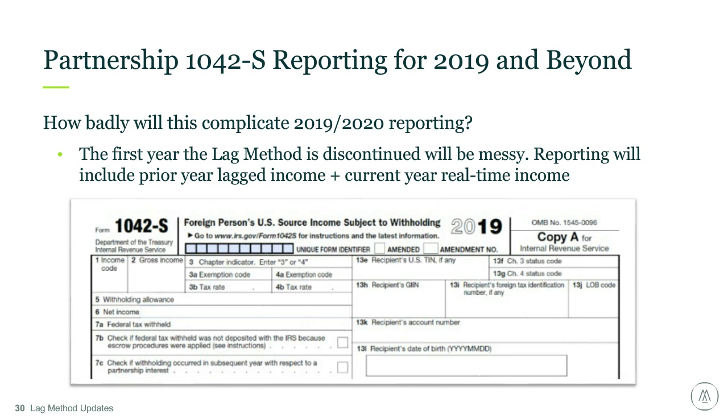In the 2019 instructions, there was some very vague information around this box 7C. Luckily, the 2020 instructions clarified a lot of that, so we've been using that as guidance.